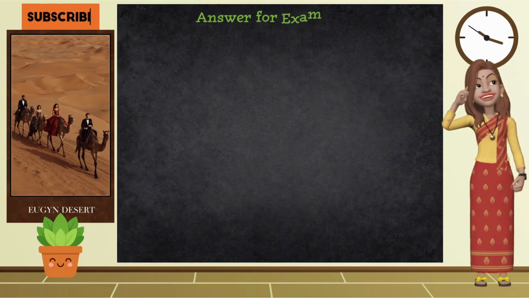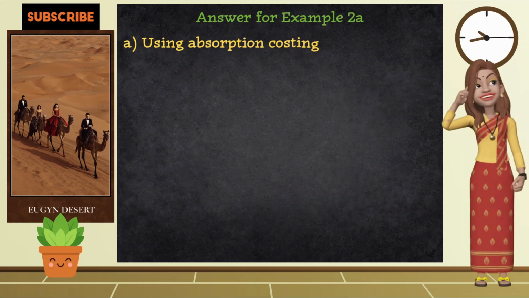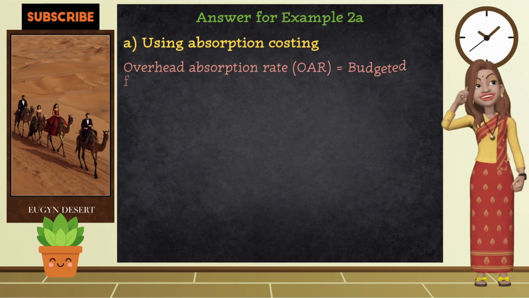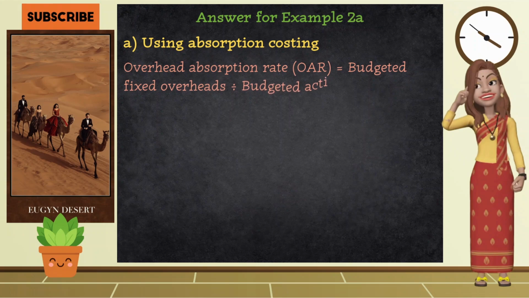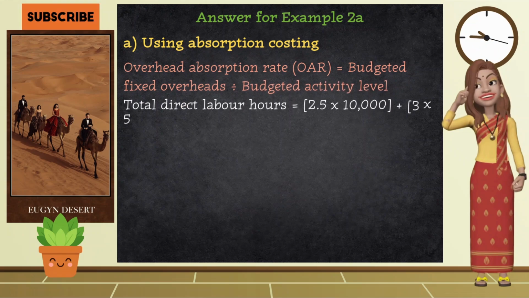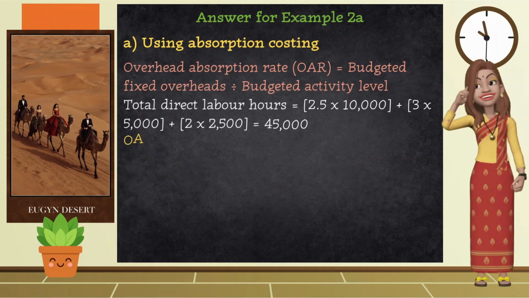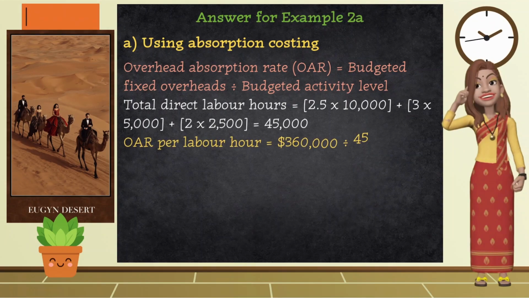Answer for example 2, part A. Using absorption costing, first we calculate the overhead absorption rate, the OAR. The formula is budgeted fixed overheads divided by budgeted activity level. The activity level is the total direct labor hours for the 3 products.